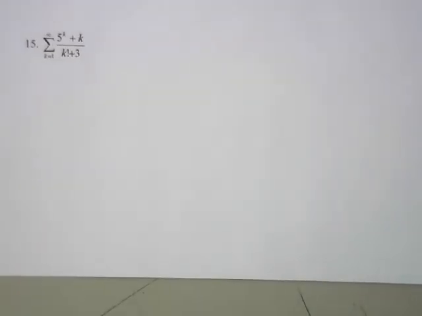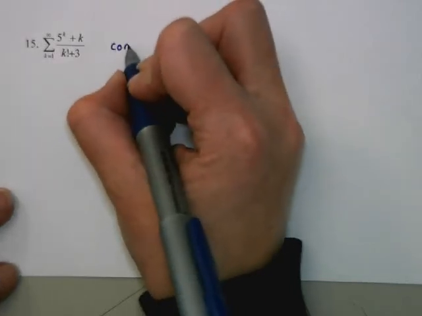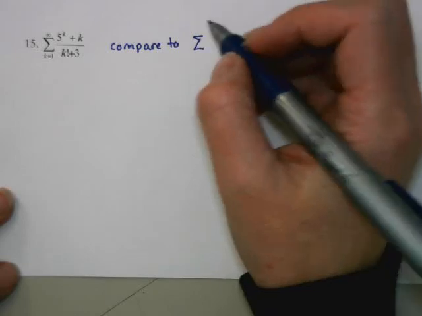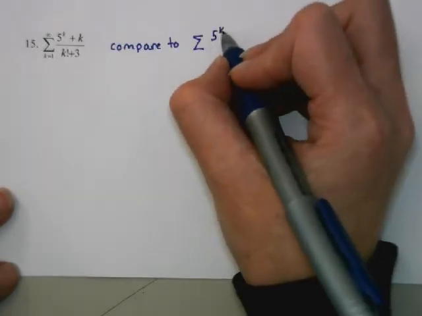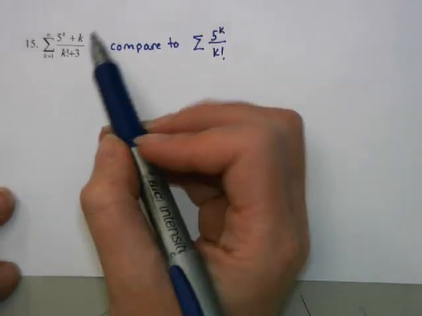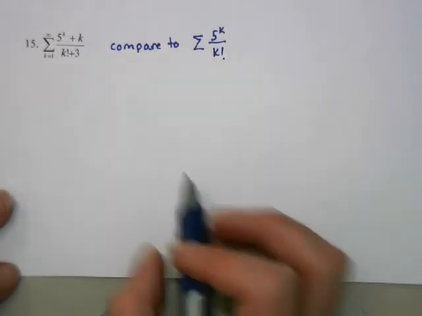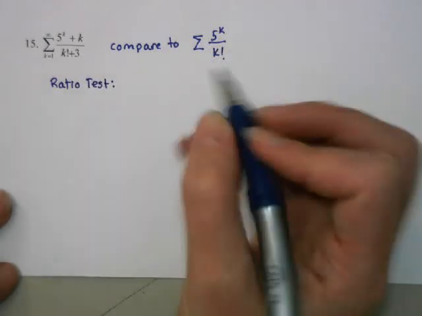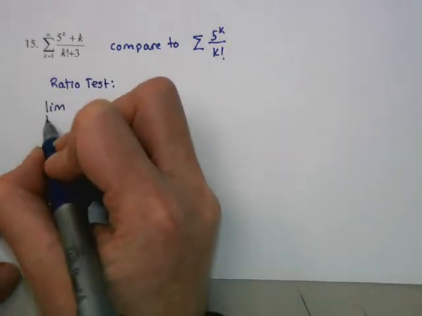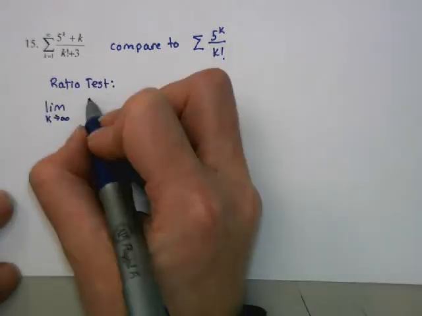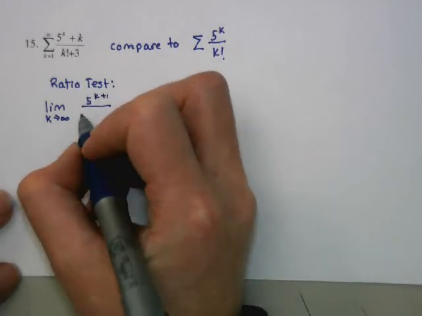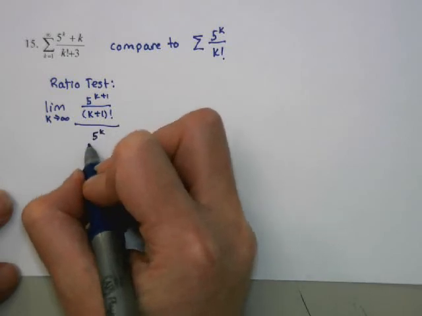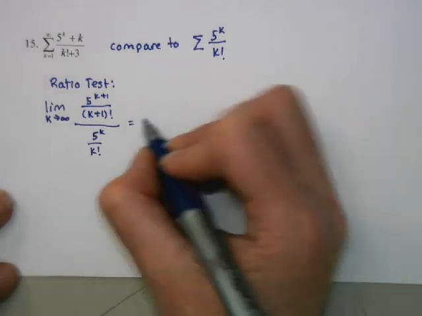All right, our final example here. I'm going to compare this to just the 5 to the k over k factorial, because the k and the 3 are really going to have very little impact. So I'm going to do the ratio test. So we're going to have 5 to the k plus 1 over k plus 1 factorial over 5 to the k over k factorial.